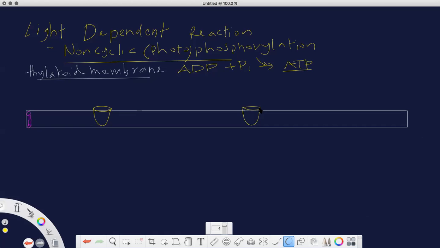Right. Last week we learned there are two types of photosystems: photosystem 1 and photosystem 2. Photosystem 1 is also known as PS 700, and photosystem 2 is known as PS 680.